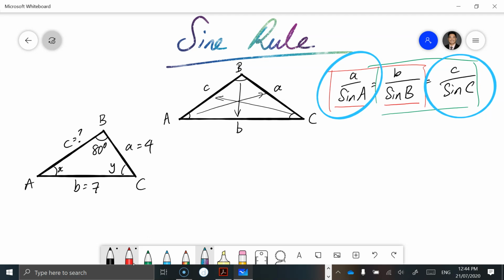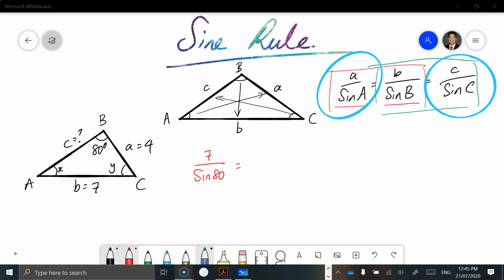So let's have a look at what we do have so far. So we've got b and we've got angle B. So we can automatically populate that 7 over sine of 80 is equal to, and so now this is where it's important to know which part you will work with at this point in time.